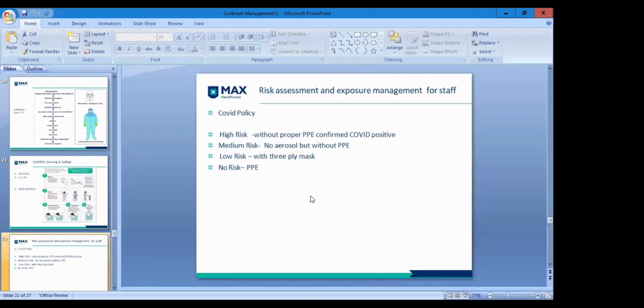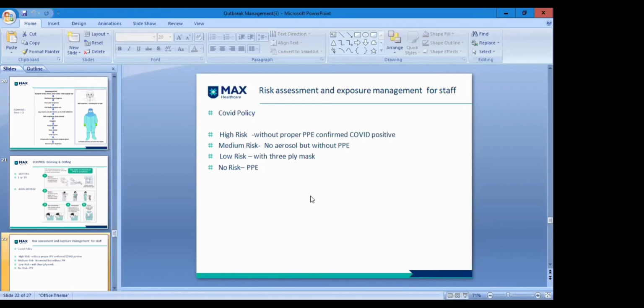If the staff member was exposed to a COVID positive case and was wearing the whole PPE, meaning the hazmat kit along with N95, then it was no risk. We would try to pacify our staff that even if you have come in contact with these cases, you have no risk, and no quarantine was required, and they could resume their duties as ever.